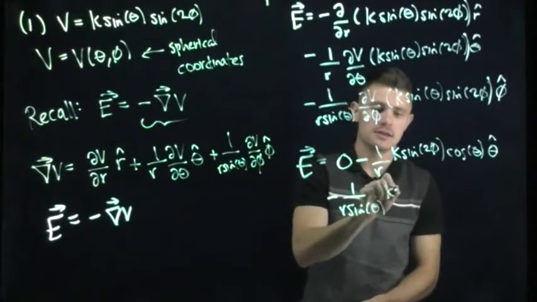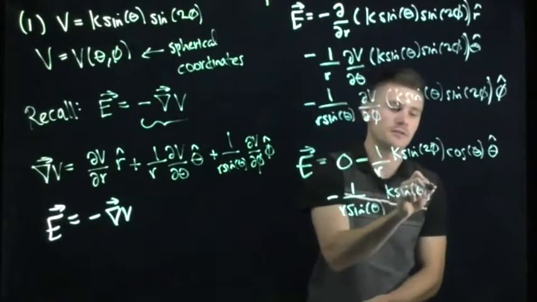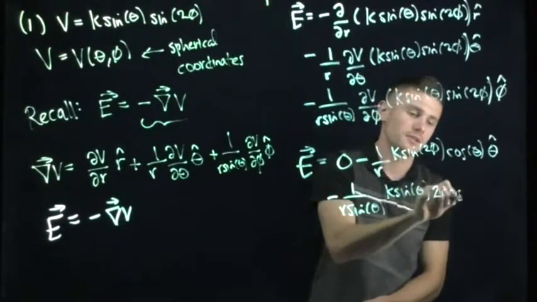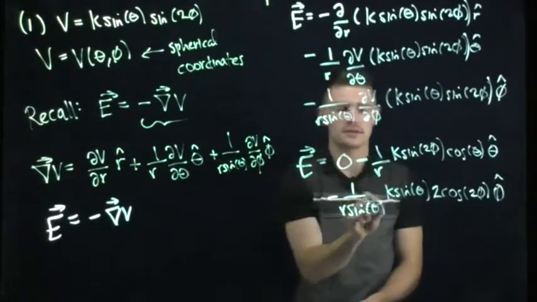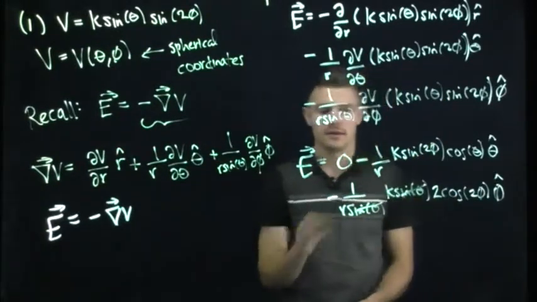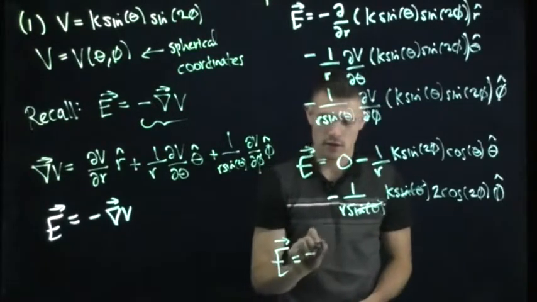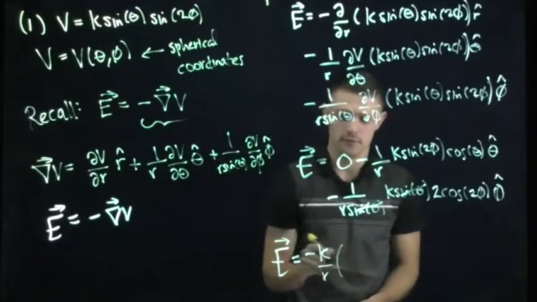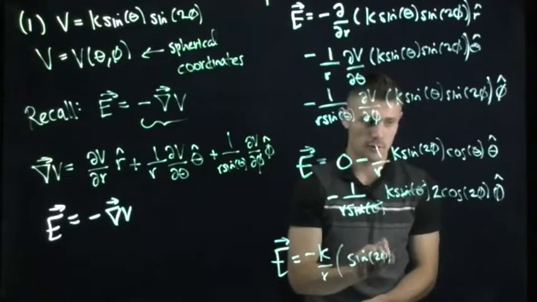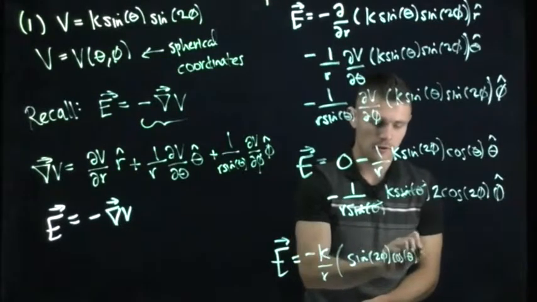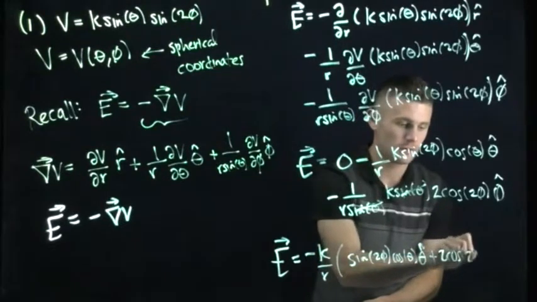Again, the K and the sine theta come out of this term as constants, and we have d by d phi of sine 2 phi, which gives us 2 cosine of 2 phi in the phi hat direction. We can do some canceling. The sine theta here cancels with that sine theta, and pulling a negative K over r out of the entire term, we end up with the final electric field being negative K over r, sine of 2 phi cosine of theta, theta hat, plus 2 cosine 2 phi, phi hat.